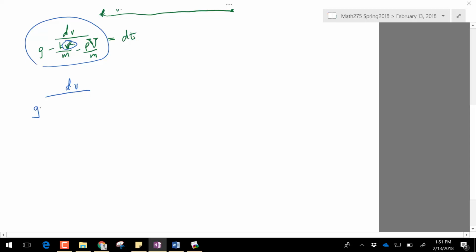So why don't I try to combine g minus rho V over m together first? So I can also possibly think about multiplying by m over k on the top and the bottom so that v can be by itself. That look like an okay move?